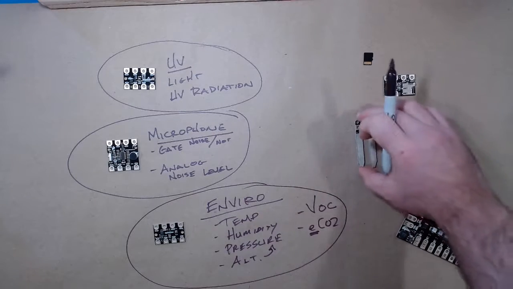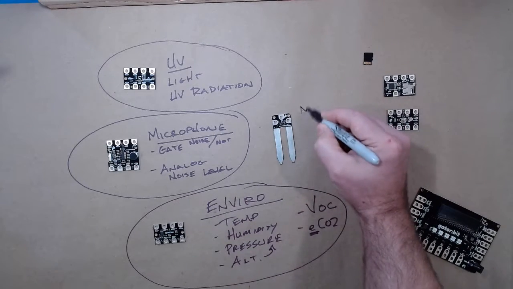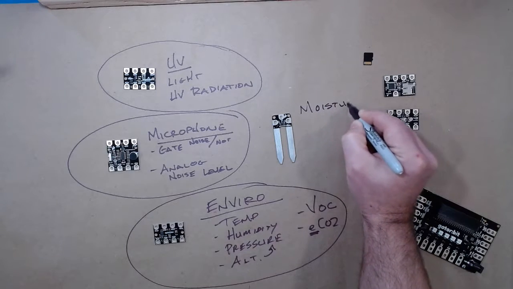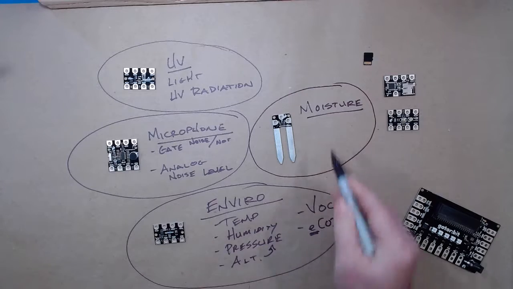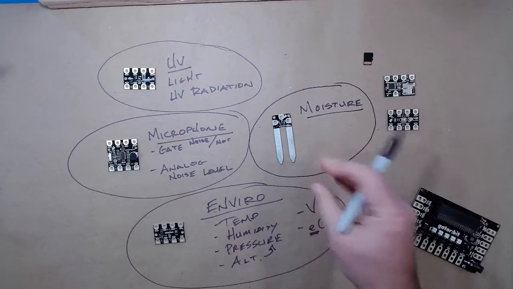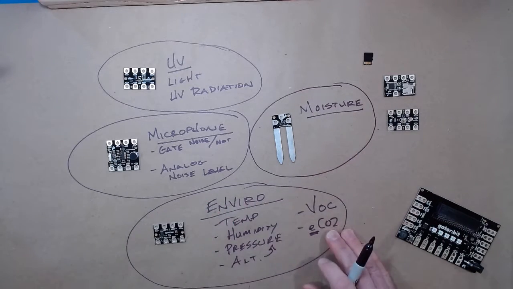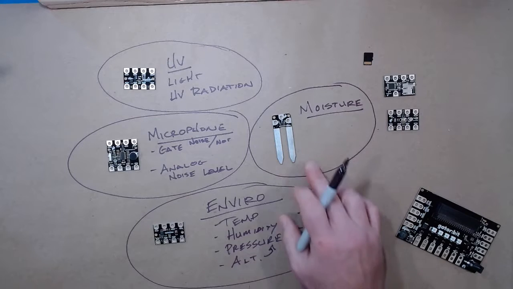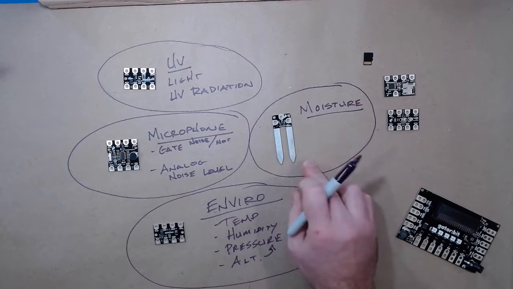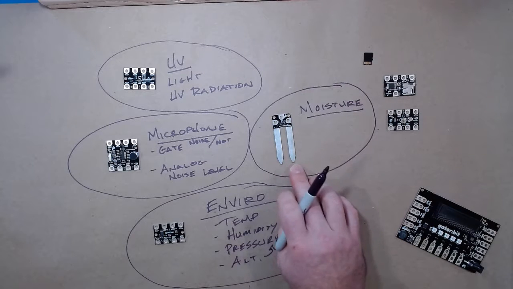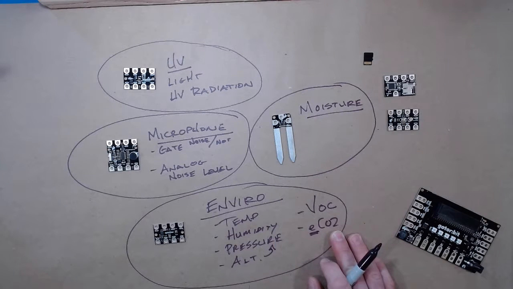The other sensor, moisture, detects soil moisture or any other kind of loose material. So this could be moisture in cotton balls, for example, if you wanted to. But most people use it as a soil moisture sensor. You can insert the 2 prongs and it measures current flow between the 2 prongs.